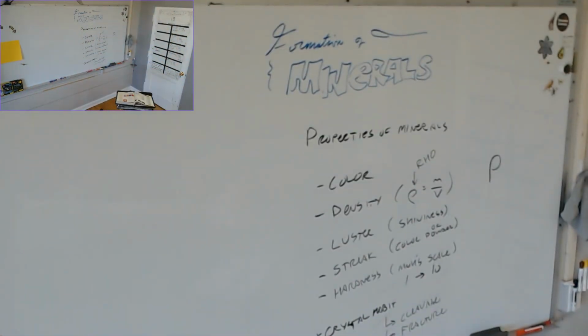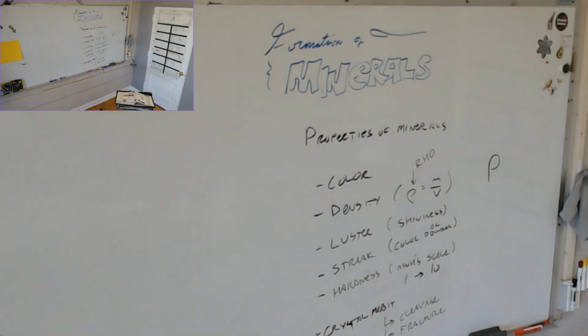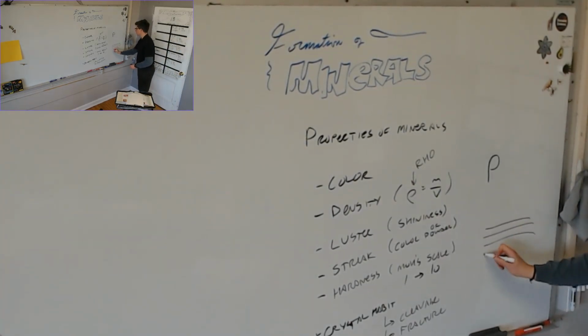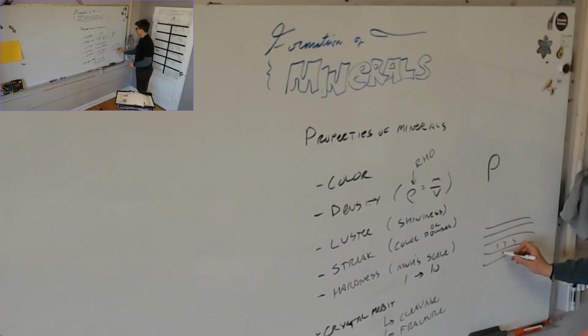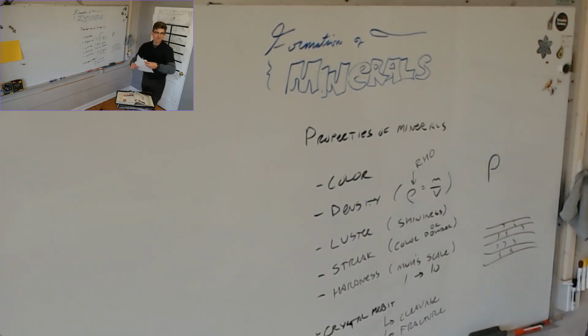Let me give you a bigger demonstration of that. If I have a stack of rosters from Mr. O's biology classes, this represents that mica. The crystal structure of mica is like a stack of paper. It has weak bonds that hold the sheets together and fairly strong bonds within them. So the cleavage in this case is when I peel them off like this, right? That's breaking along the crystal line.